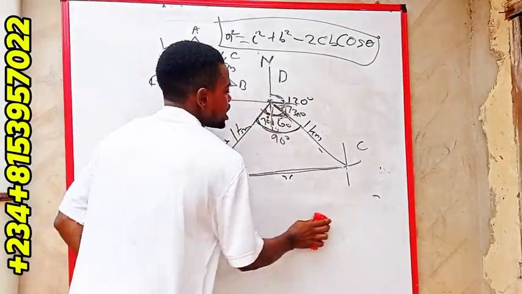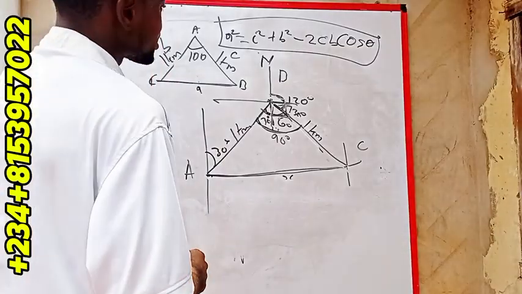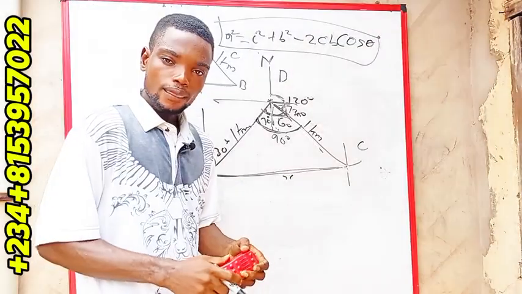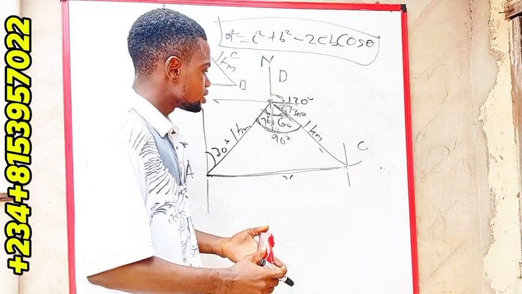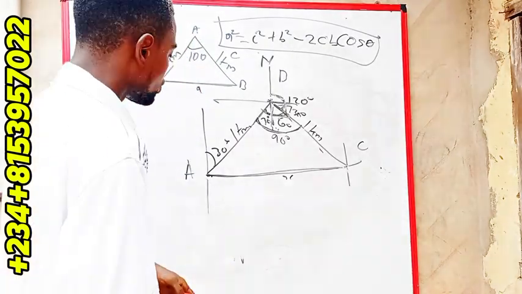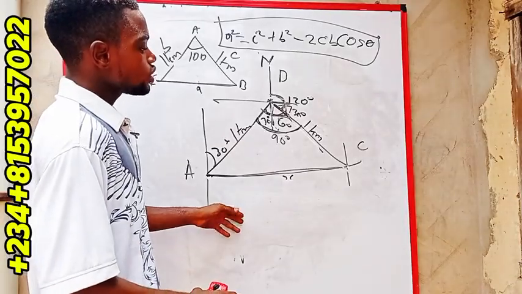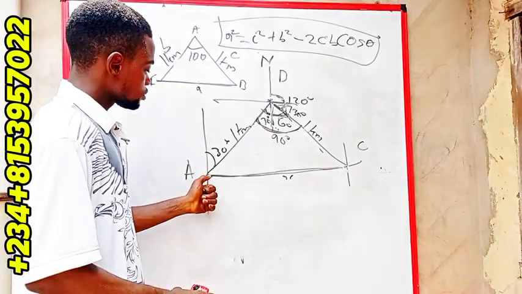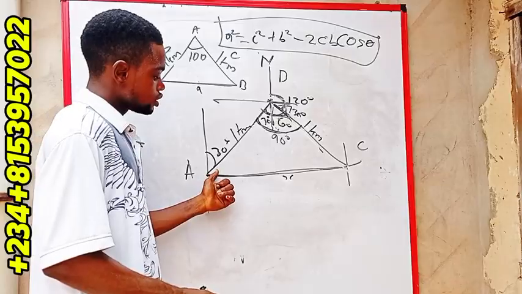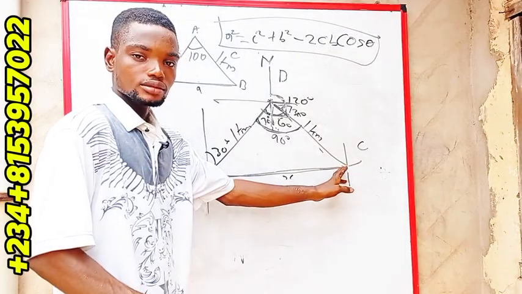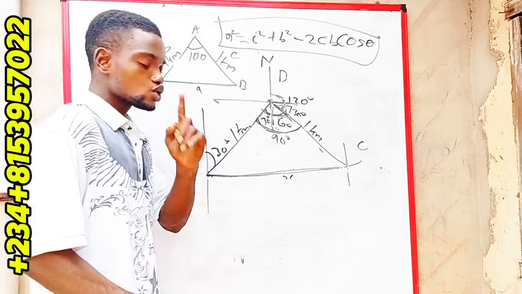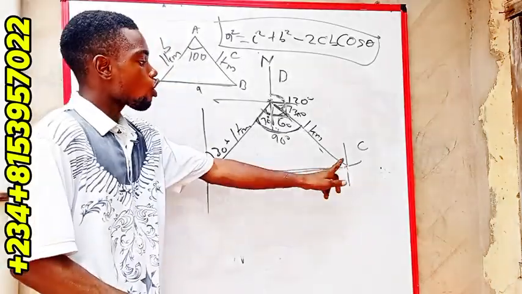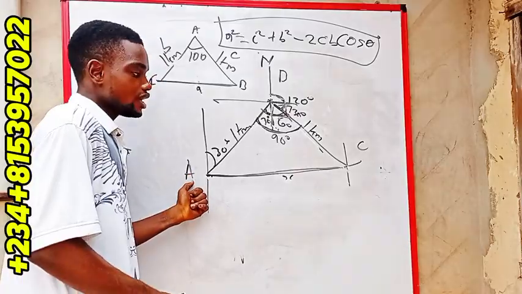Very easy and simple. Now another one you're going to be asked is the angle. You're going to be asked for the bearing from this point to this point. What is the bearing of C from A?